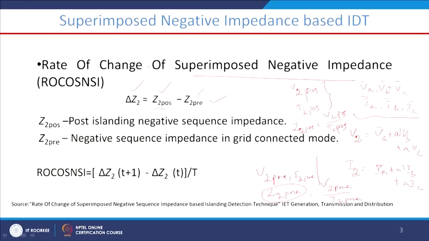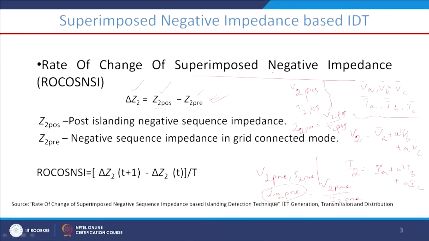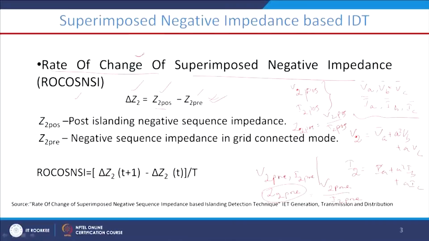If it is superimposed voltage, it will be del V equal to V post minus V pre. If it is superimposed current, del I equal to I post minus I pre. In this case, we have taken the superimposed negative sequence based impedance, and again we have taken the rate of change of, this is important, the rate of change of superimposed negative sequence impedance, in short form ROCO SN SI.